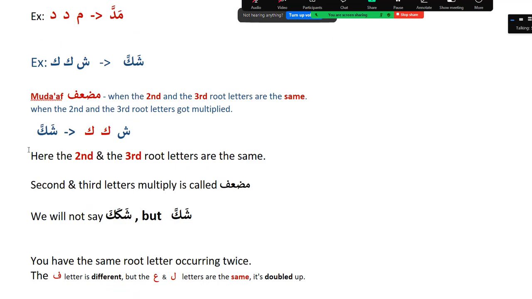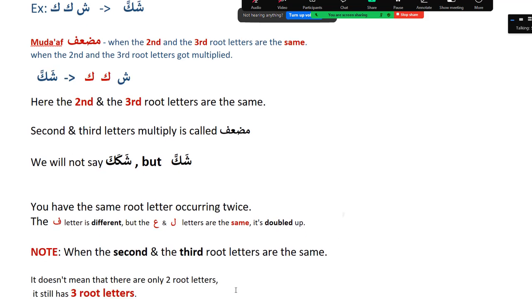The root letters for shakka are sheen, kaf, and kaf, right? We will not say shakaka or madada for madda. Instead, we are going to say shakka or madda, right? You have the same root letter occurring twice. The fa letter is different, but the ain and the lam letters are the same. It's double.